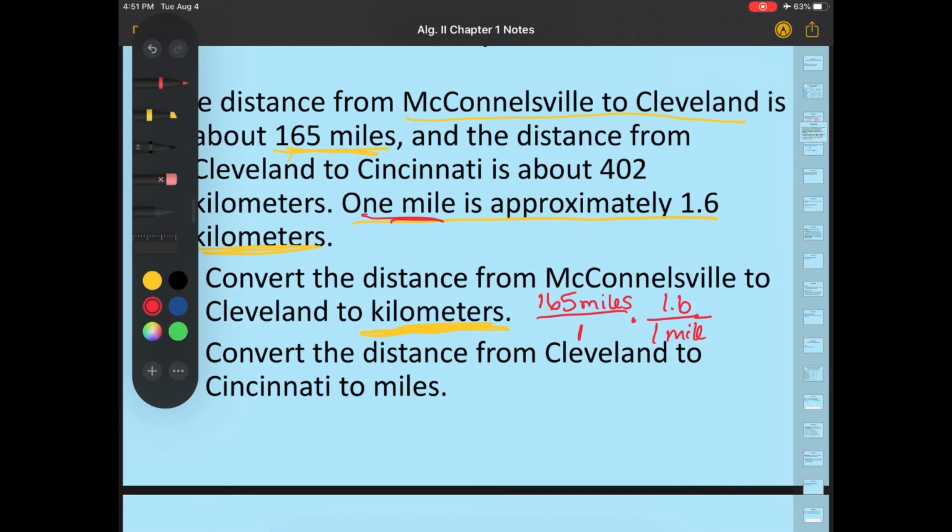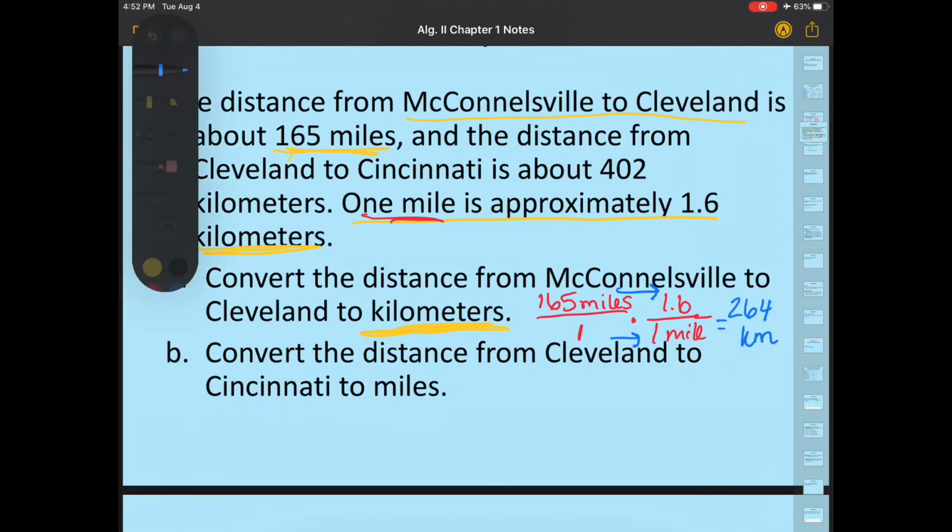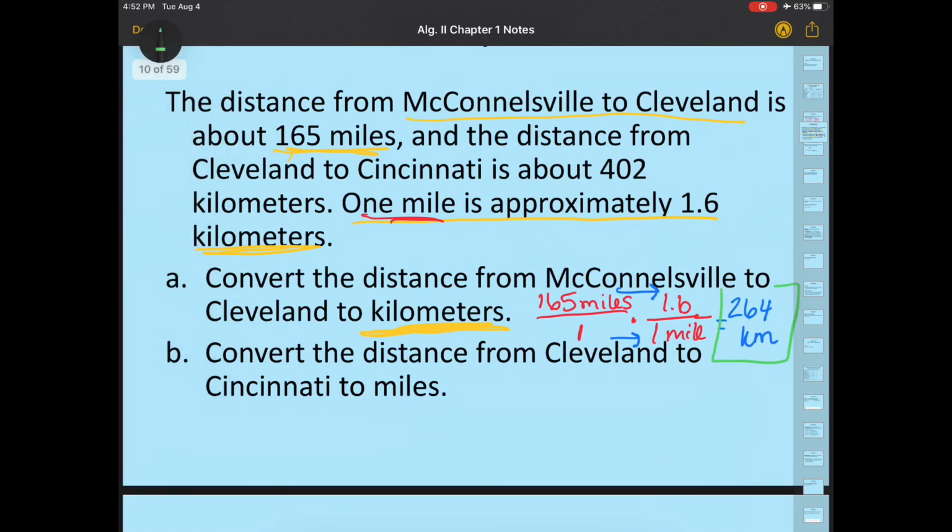So again, we multiply fractions, numerator times numerator, denominator times denominator. 165 times 1.6 in the numerator gives you 264 kilometers. So there's our answer for part A. We wanted it in kilometers, and our answer's in kilometers.